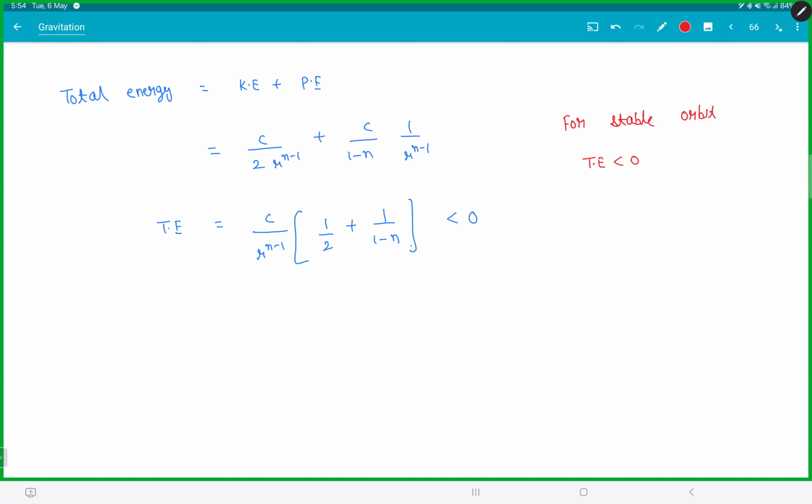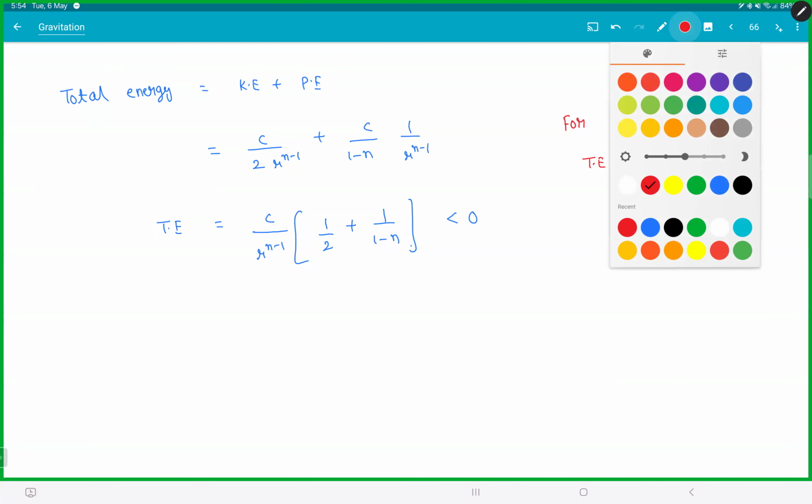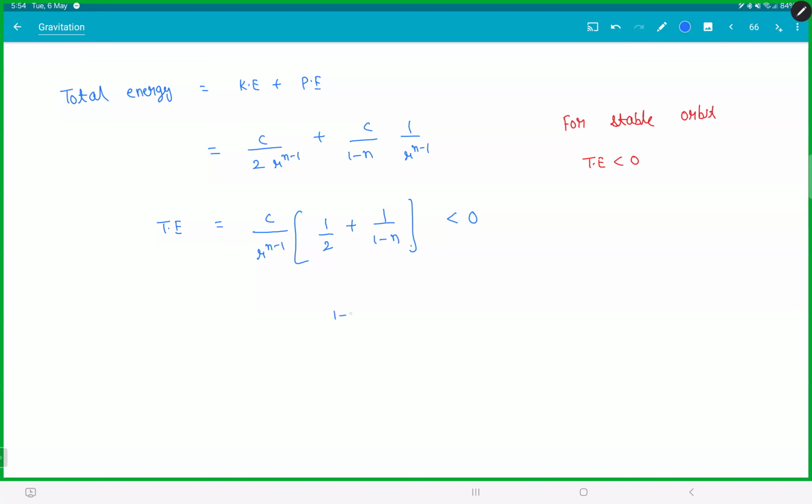Now C by r power n minus 1 is positive, and that means the coefficient must be negative. This thing, if I just cross multiply, (1 minus n plus 2) by 2 into (1 minus n) less than 0, this will become (3 minus n) by (1 minus n). And from inequalities, you can see one of them has to be positive and one of them has to be negative.